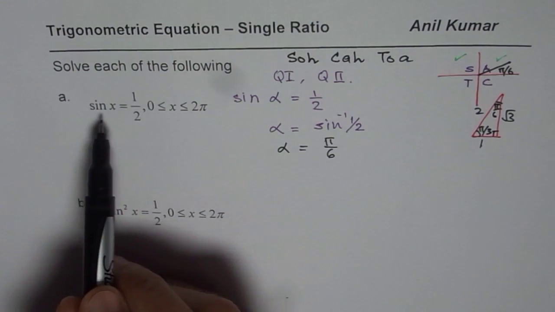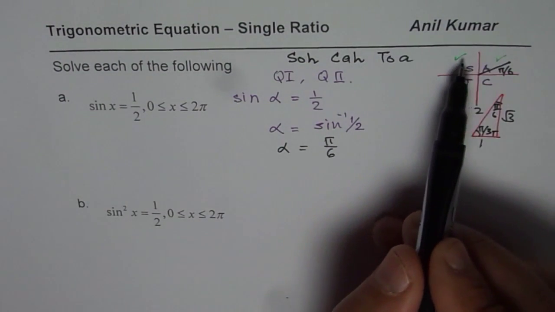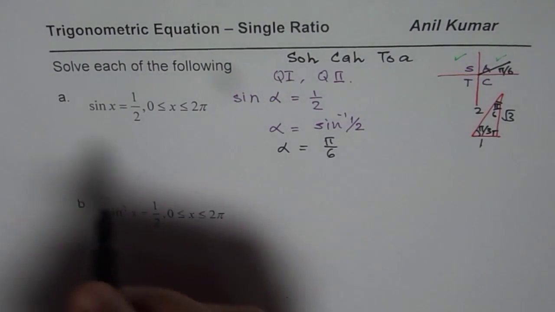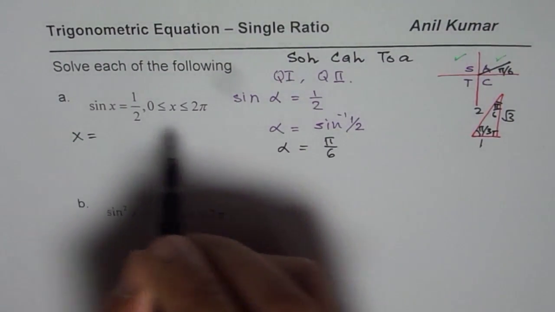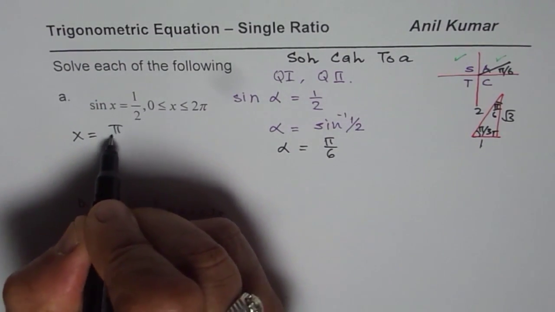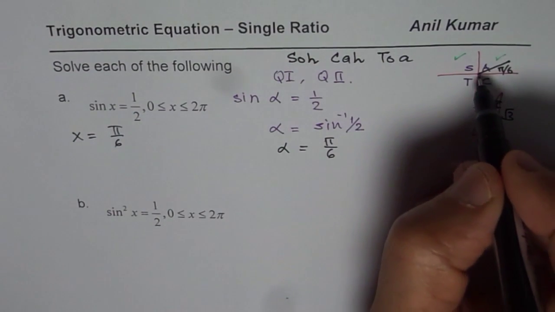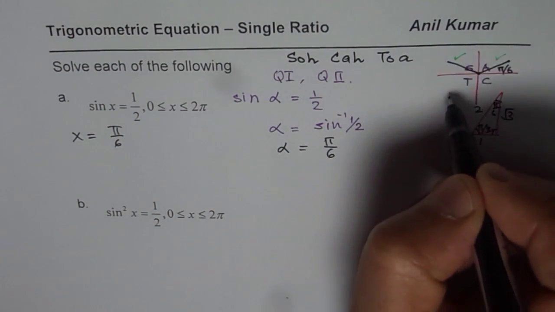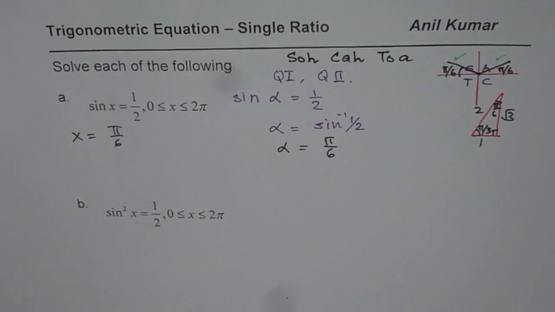We indeed need sine x equals to half, and sine x is half in quadrant 1 as well as in quadrant 2. So that means x equals to pi by 6 is one of the solutions, since we are working on half, right? The other solution should be what? Quadrant 2, where this acute angle is pi by 6. What is the principal angle? The principal angle for us is how much?